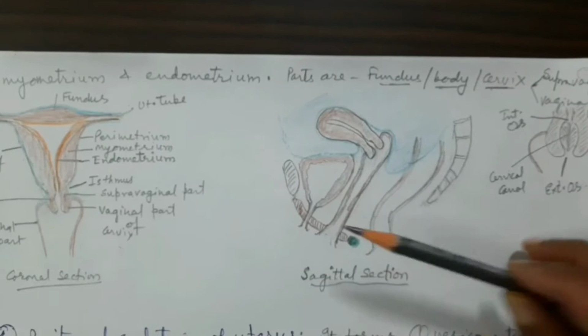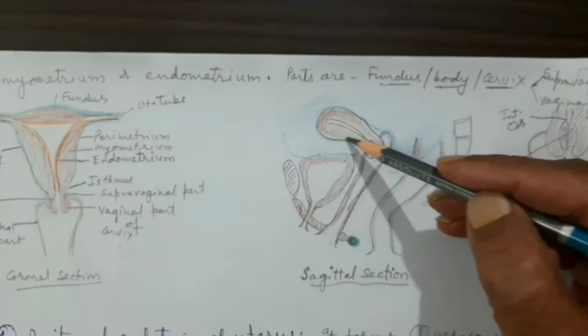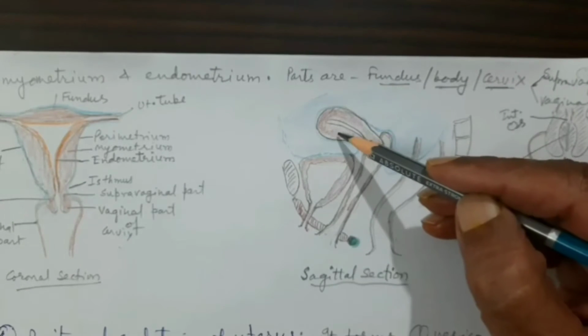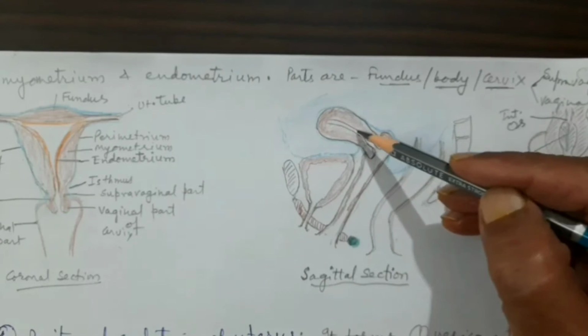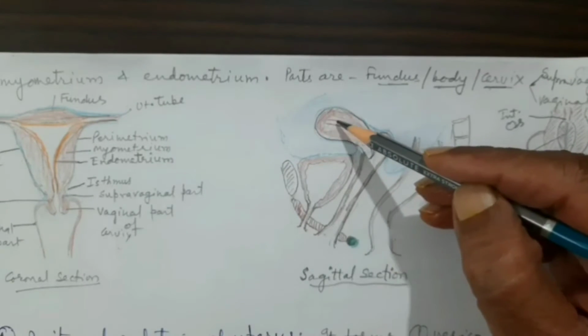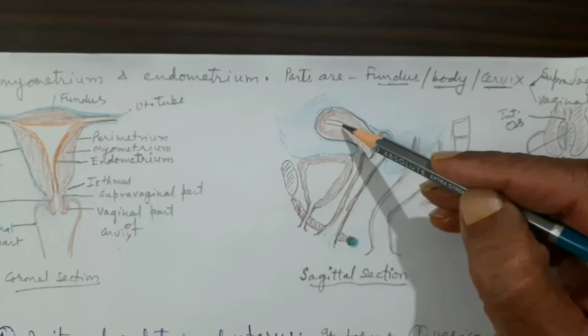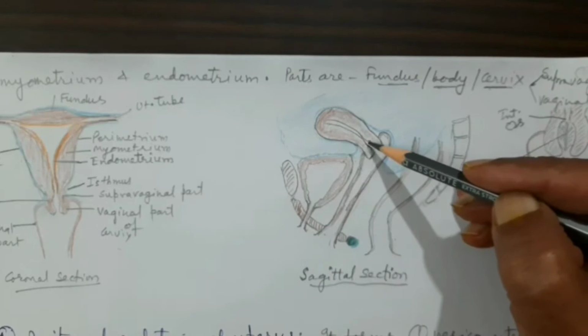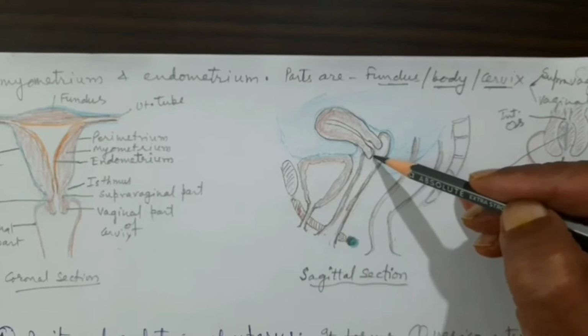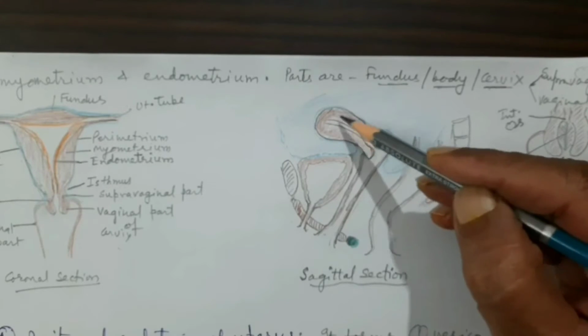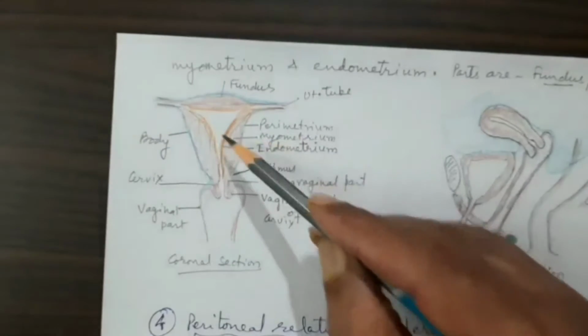This is a sagittal section where you are seeing the uterus here. This is the anterior wall of the uterus, this is the posterior wall, and in between you can see that the cavity of the uterus is very narrow, slit-like. Same is true for the cervix, the cavity of the cervix, right? So this is the shape of the uterine cavity.